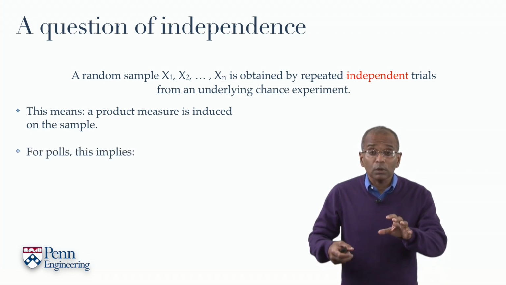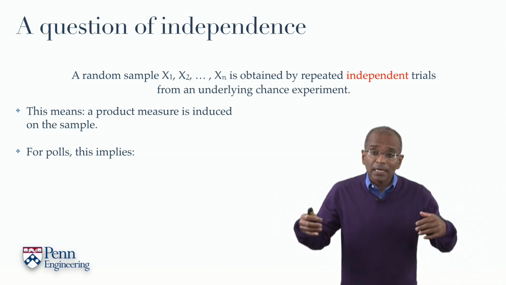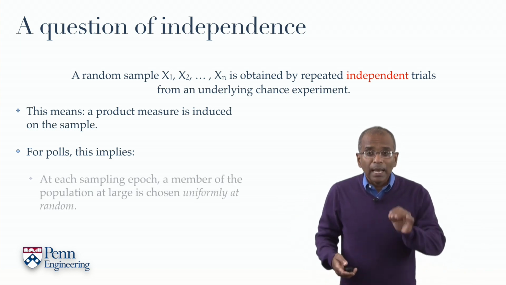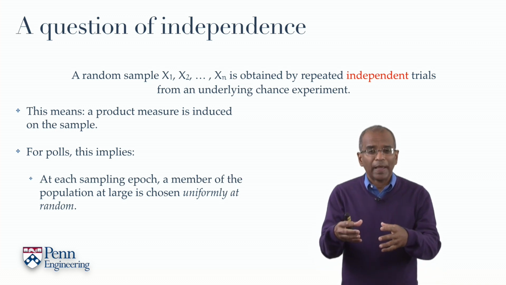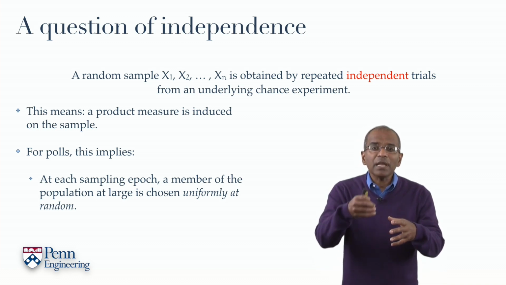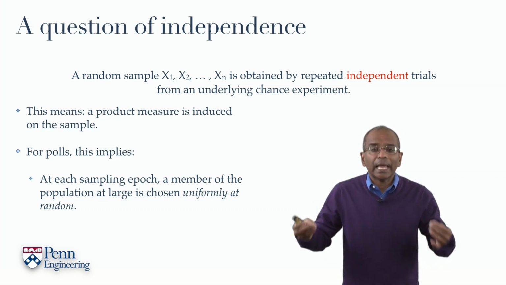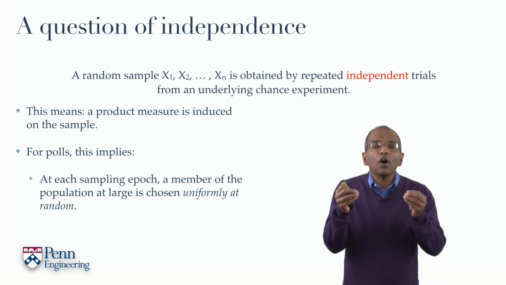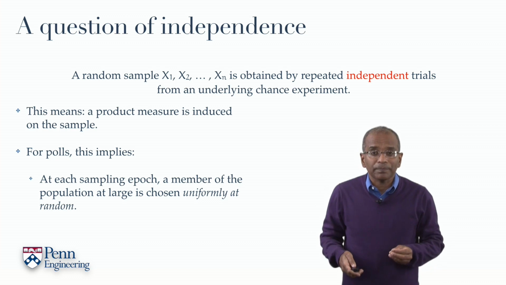Now, for a poll, we have some underlying population, fixed, and for the purposes of the poll, immutable; it does not change. And sampling implies that we do it fairly, that every member of the population has an equal chance of being selected in any given trial. In other words, a member of the population is chosen uniformly at random.